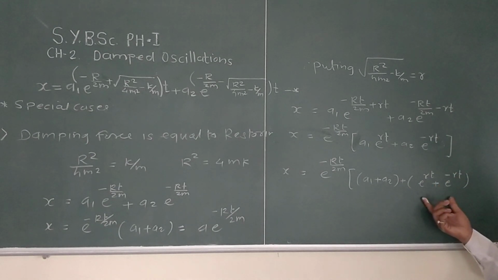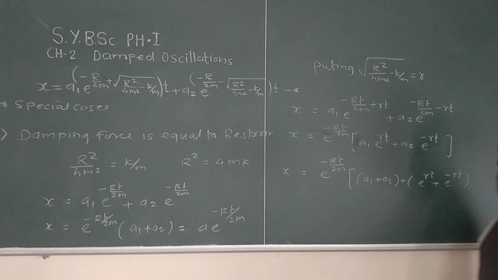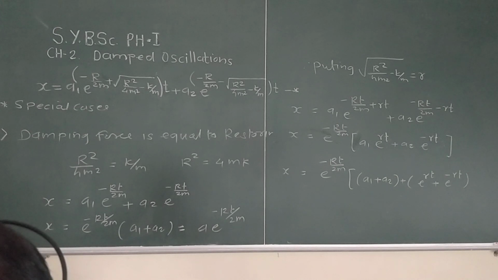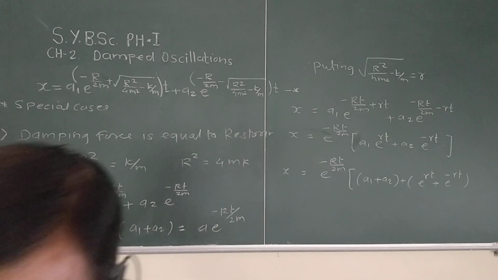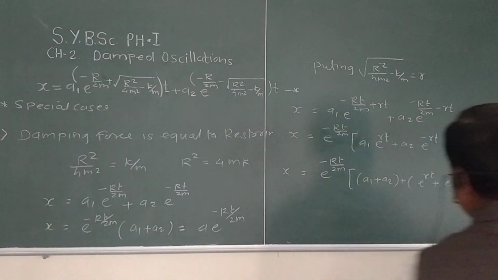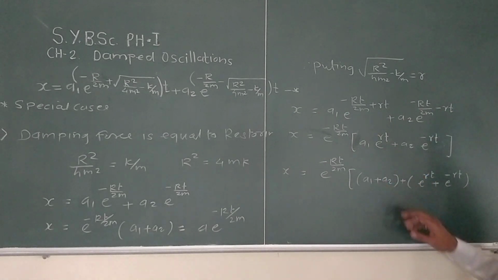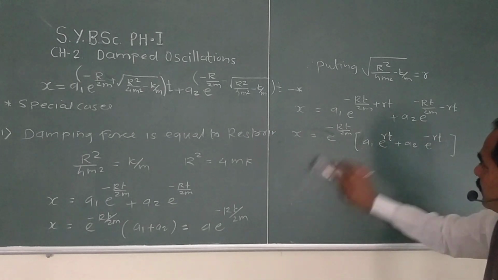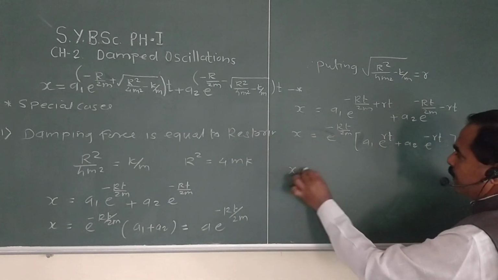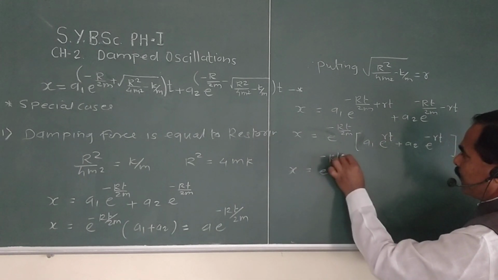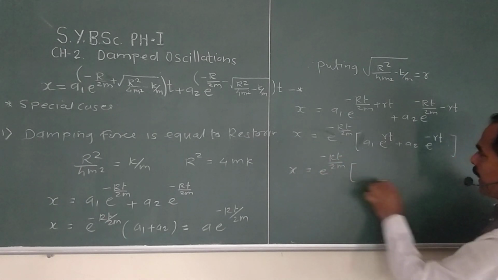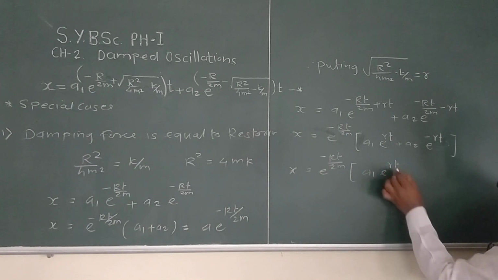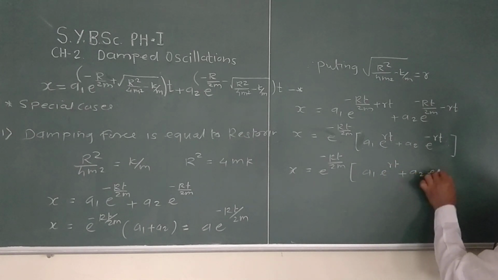Okay, now in next step we have to write the equation, before taking common, that is x equal to e raised to minus rt upon twice m, in bracket we write a1 e raised to rt plus a2 e raised to minus rt again.